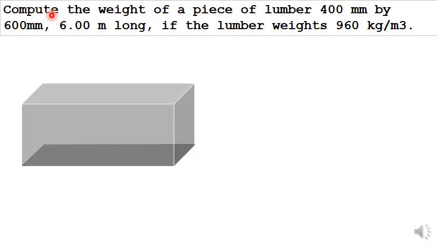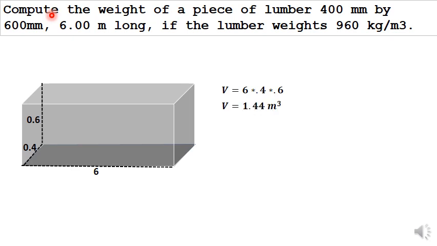Okay, this is our lumber. The dimensions are 0.6, 0.4, and 6. Let's now compute its volume. The volume is the length times width times height, and our volume is 1.44 cubic meters.